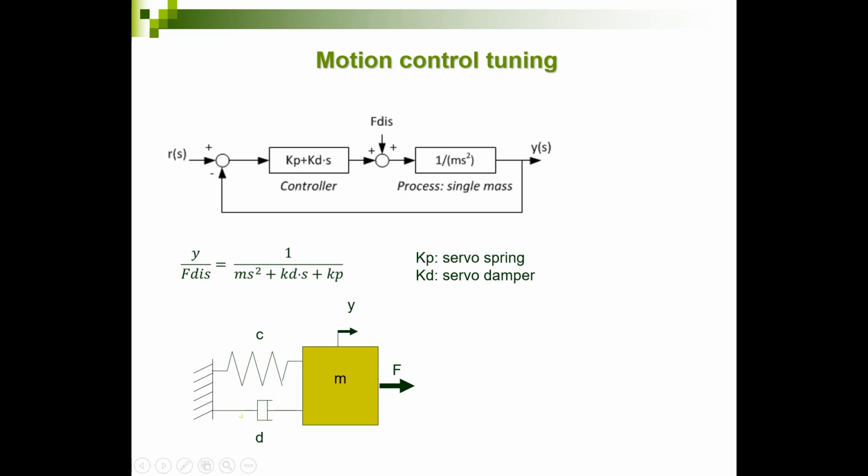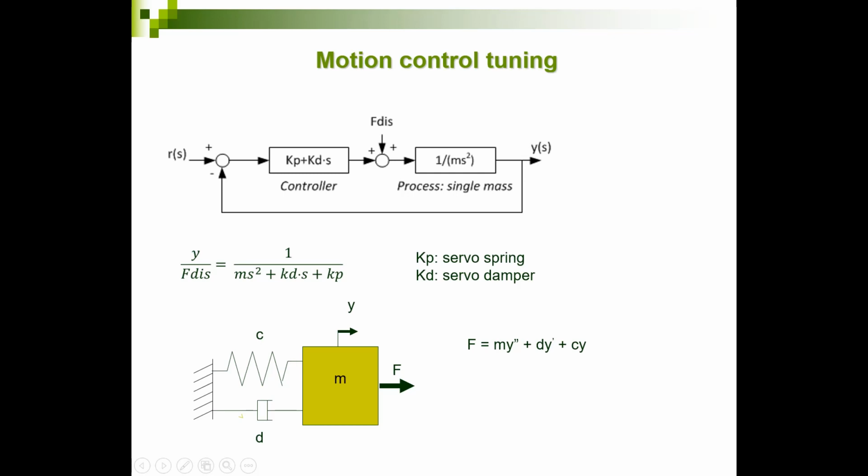So F minus c times y, which is the spring force, minus d times the derivative of the position, which is the speed, equals m times the double derivative of y, which is the acceleration. Or we can say F equals m times the double derivative of the position.